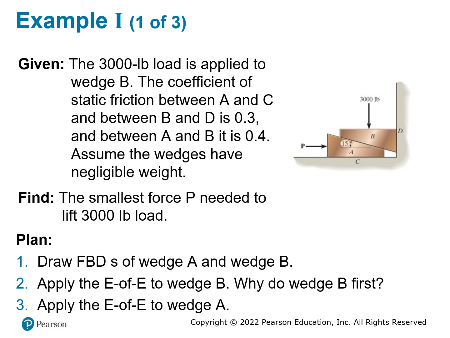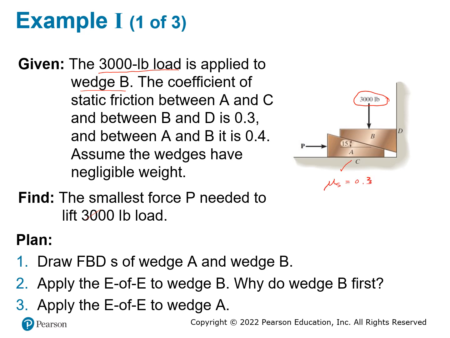Here we're going to give you an example. You are given a load, which is 3,000 pounds, and which is this one here. And the load is applied to the B block, which is another wedge. And the coefficient of static friction between A and C, which is between the bottom A, the wedge, and the ground, this one has a mu sub S equal to 0.3.